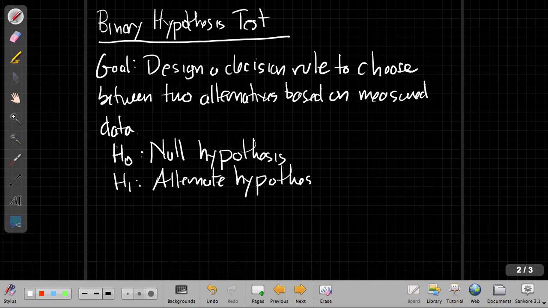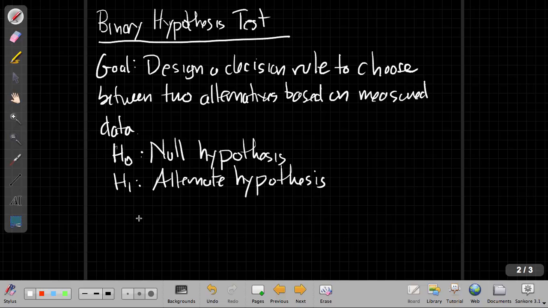These are generic names because the same framework applies to so many different problems. I'll talk in a minute about a bunch of examples to make that more real to you. We use these same ideas in engineering, in statistics, and even in medical statistics or medical diagnostics.